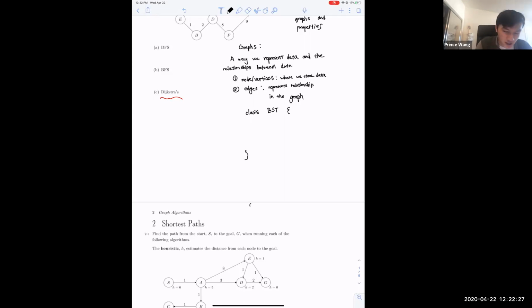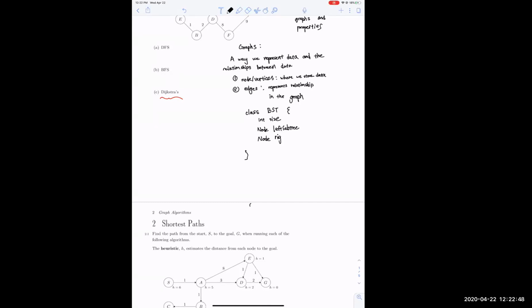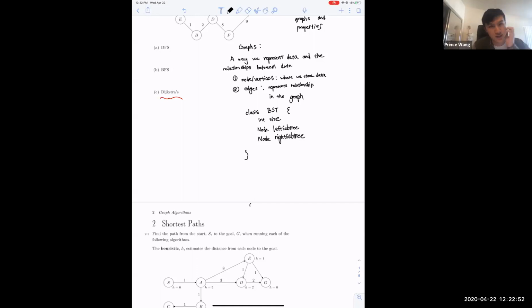Inside this class, you have some fields, maybe size, and then a node called left subtree, and a node called right subtree, right? Do you guys remember that? Yeah. And a node is like a class within the BST class.